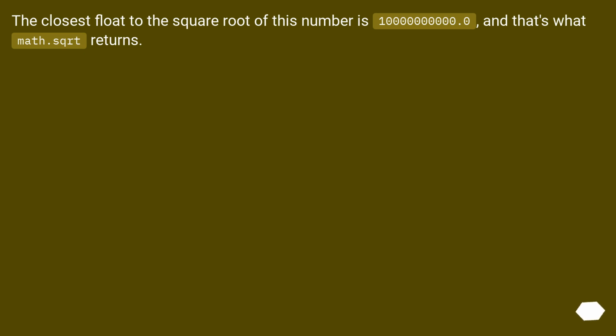The closest float to the square root of this number is 10 billion.0, and that's what math.sqrt returns.